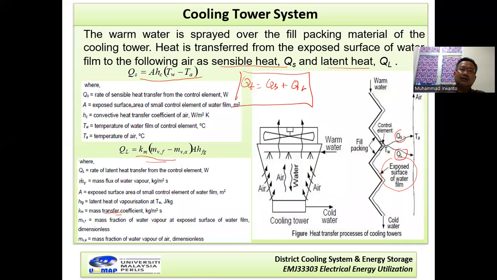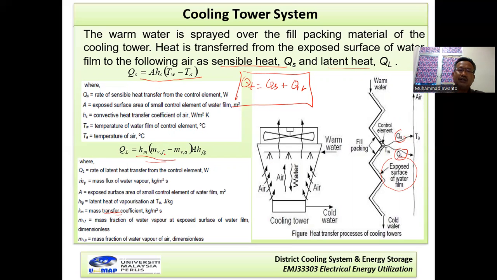The total heat content is the sensible heat and also the latent heat. If you want to find the latent heat, look here. We have the formula or parameter: the mass fraction of the water vapor, and also the mass fraction of the air.